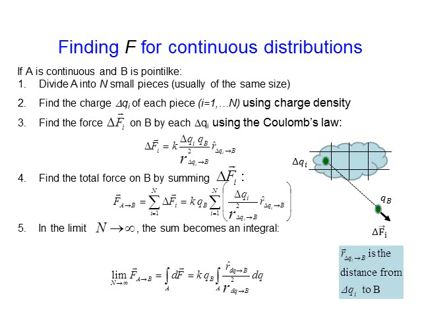We notice that Coulomb's law would apply to any portion of the cloud that is small enough to be considered point-like. So we divide the cloud into n small pieces, where n is very large.